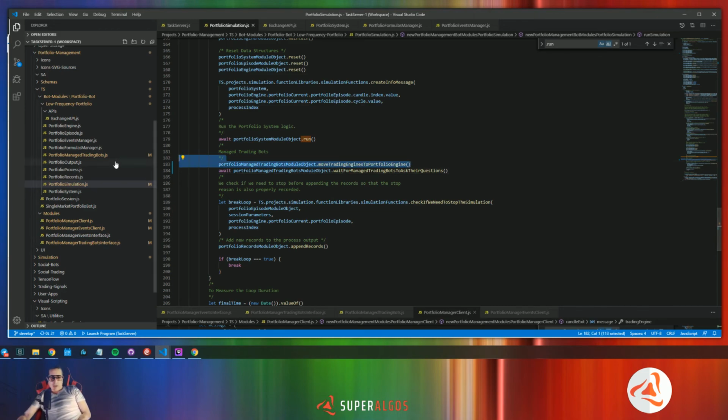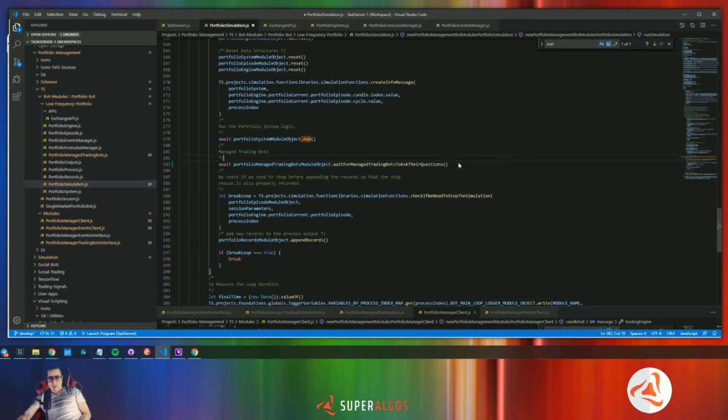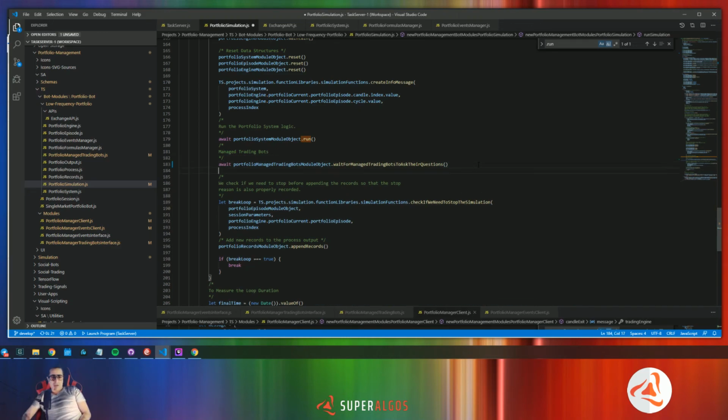Okay, so the place to store this into the trading engine is when everybody finishes. Then we move the trading engines to the portfolio. Say we move this into this.